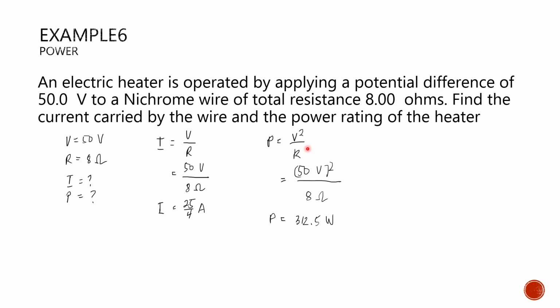So if you're sure of your answer for the value of I, then of course you can use P is equal to I times V. So I in amperes and voltage in volts would result in a unit of watts also. So 312.5 watts.